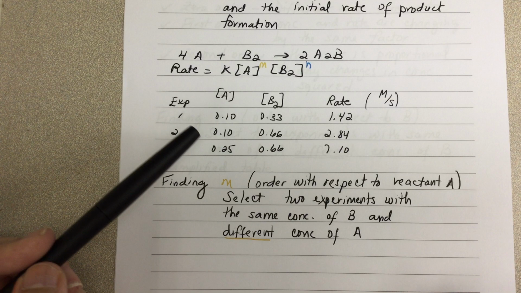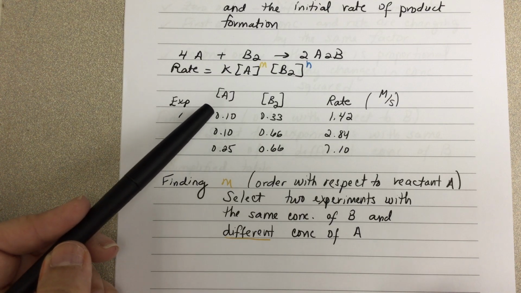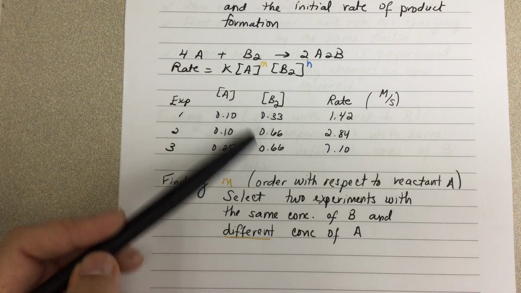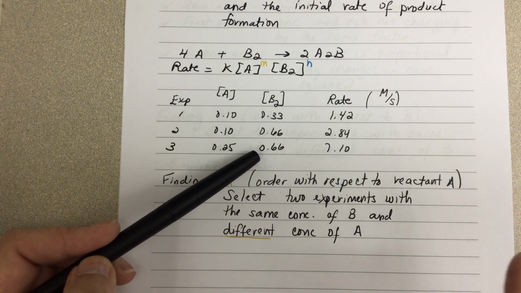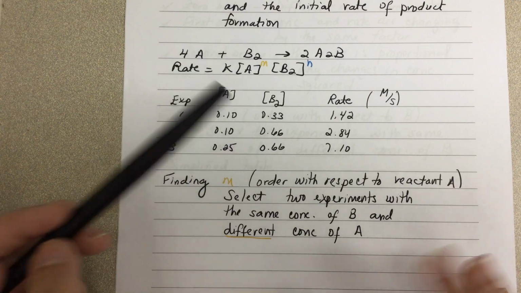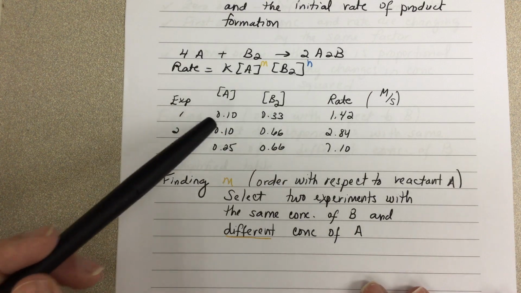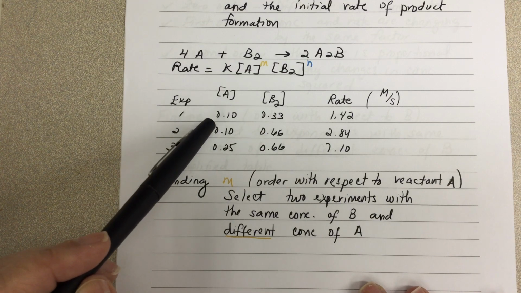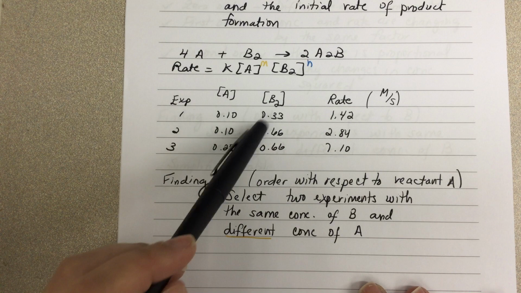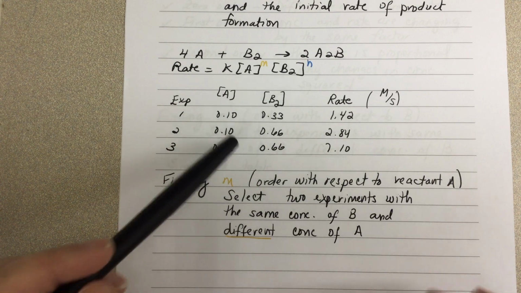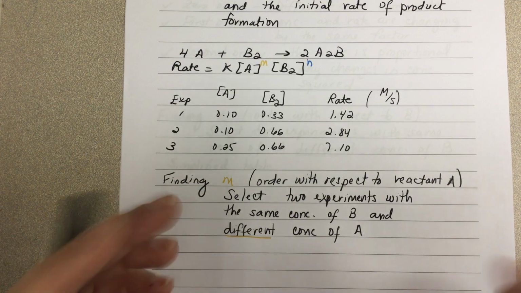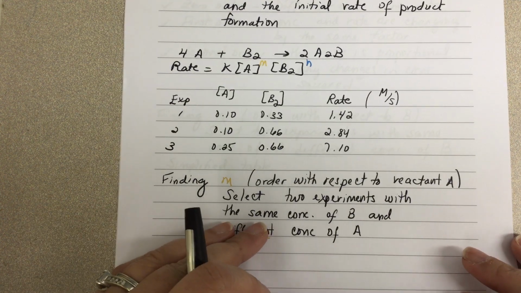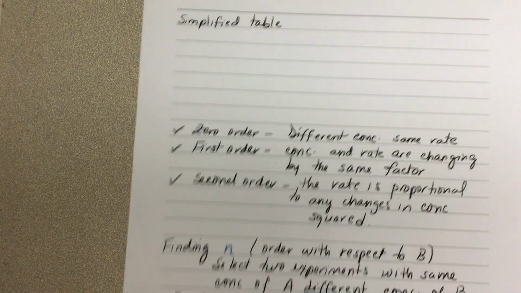Experiment 1 and 3 is not going to work out because you have different for A, which is what you want, but you also have different for B2, which is not what you want. And then the final option is looking at experiment 2 and 3. Experiment 2 and 3, you have different concentration for A and the same concentration for B2, which is what we need.